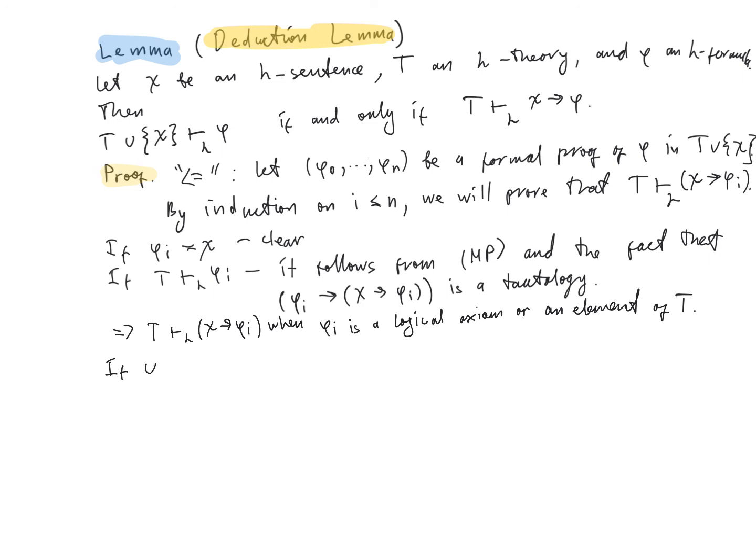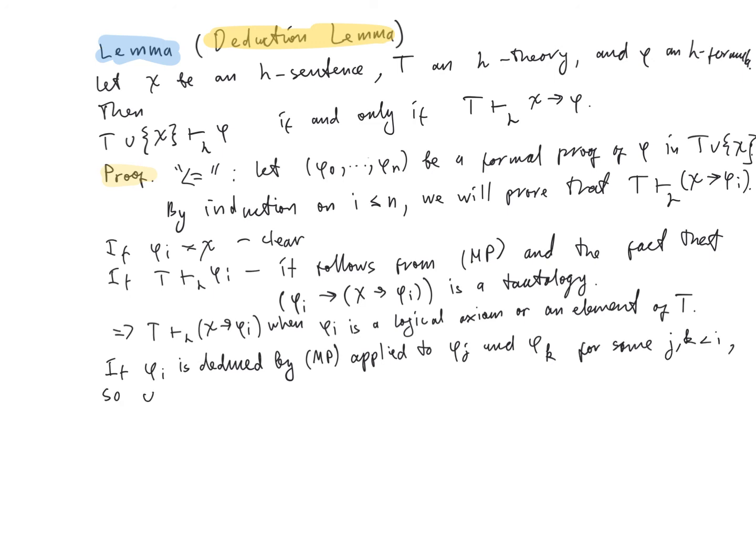Next we consider the case when φ_i is deduced by the modus ponens rule applied to the formulas φ_j and φ_k for some indices j and k strictly less than i. So we have that φ_k is equal to the formula φ_j implies φ_i.